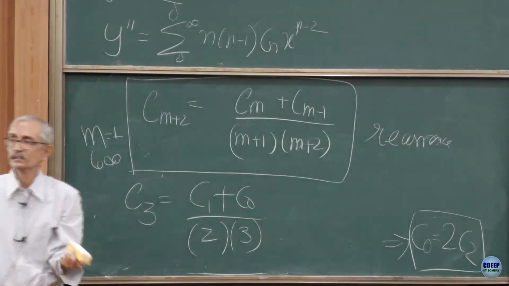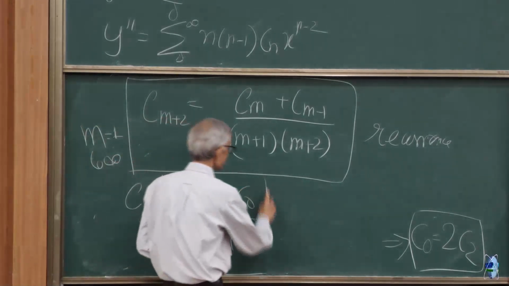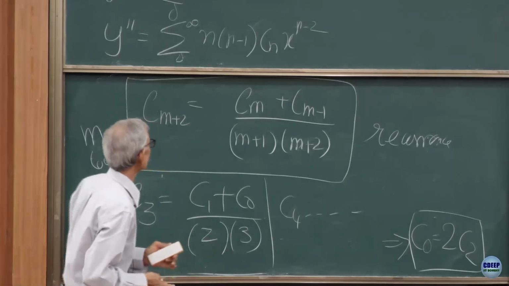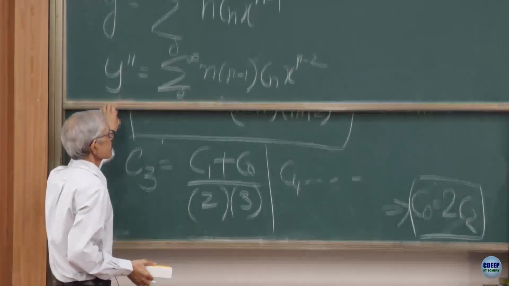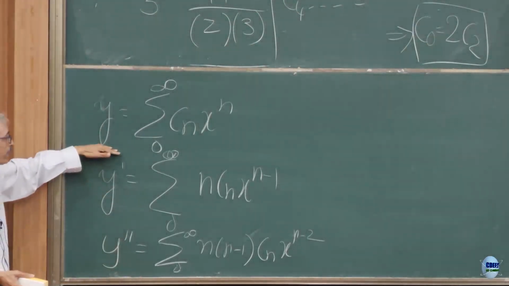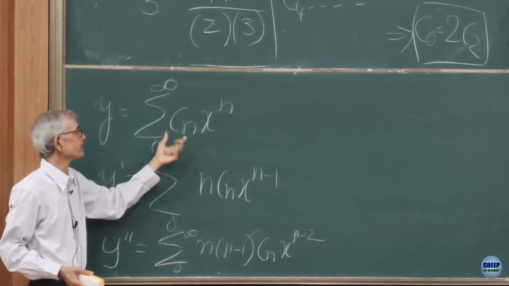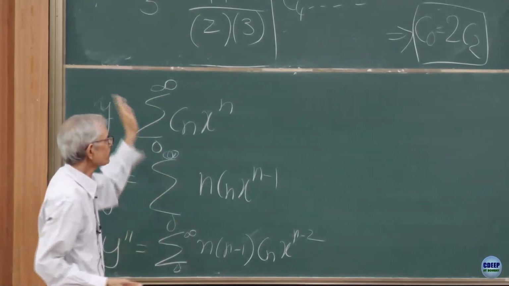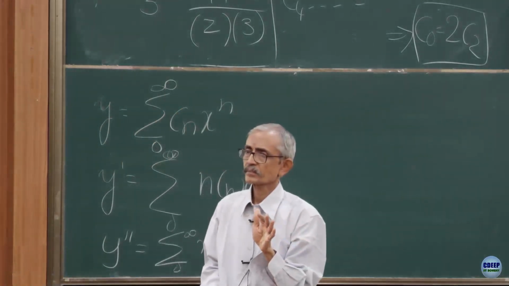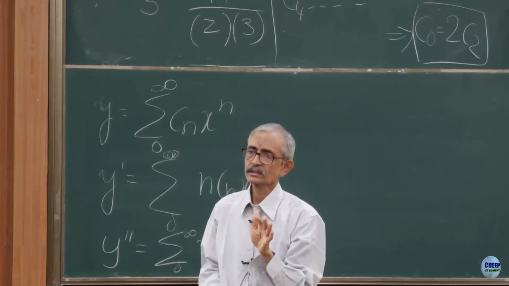Okay. So this is C3 I am getting. Similarly, I can go ahead and get C4, C5, and so on, which means, remember what was our original objective? Our original objective was to get a y, which is the sum from 0 to infinity of Cn x to the n, and now we have all the Cn's we want, right? Do we have all the Cn's we want?